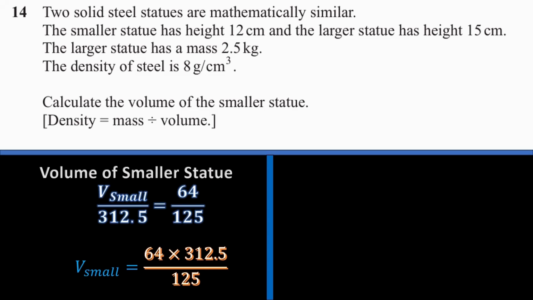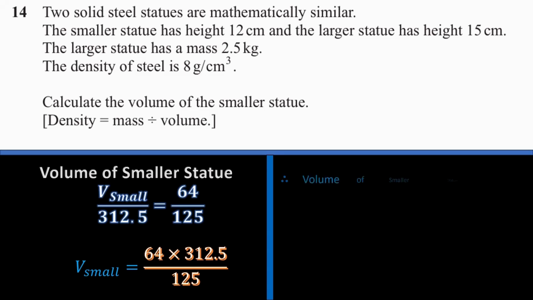Now, what do you think? Make volume of small statue the subject. If you cross multiply, you get volume of small statue equals 64 times 312.5 over 125.